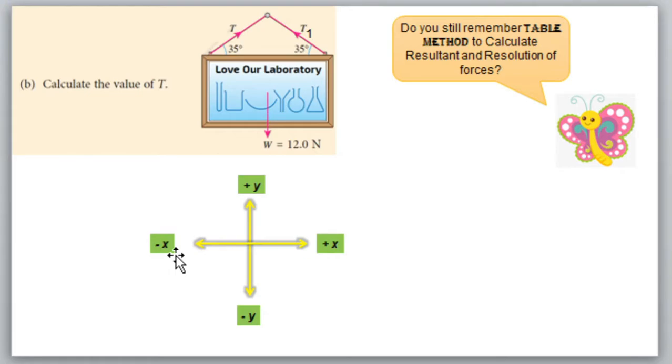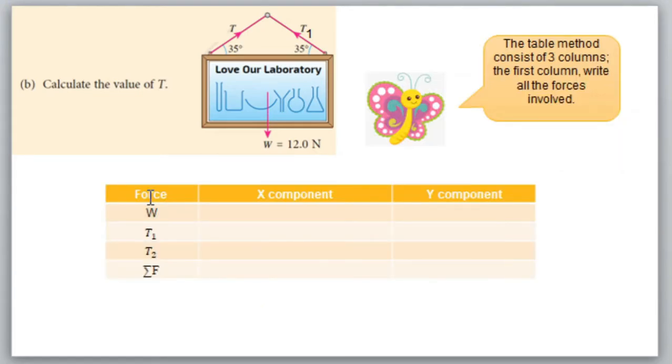The table method consists of 3 columns, in which the first column we write all the forces which acted on the object. For example, in this problem we have W, weight, and we have T1 for the tension of string number 1 and T2 for another string, and we have the total force acted in the X component and Y component.